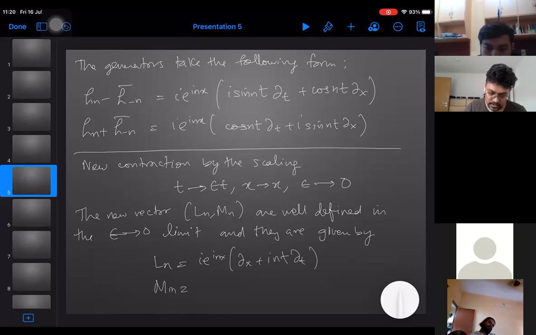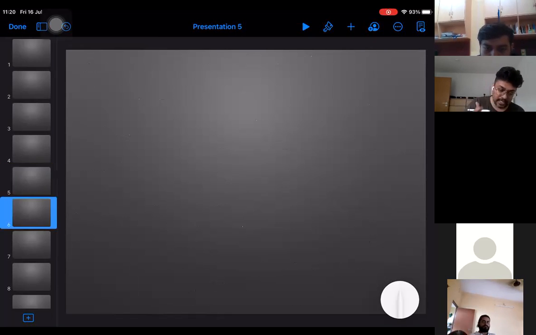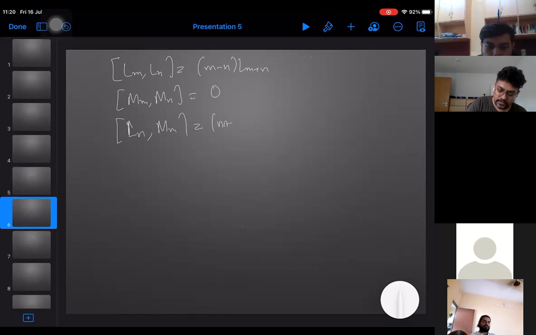Similarly, for the Mn, you have this del t. This you can get from here. Finally, using these generators, the algebra which we get is of the form like that, equal to 0, and similarly you have for the Ln and the Mn, which is given by this.